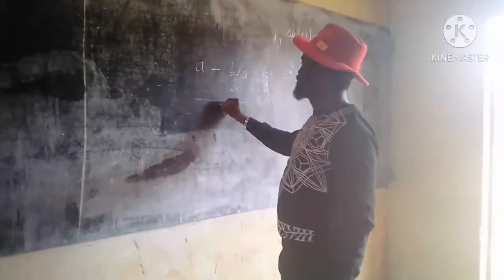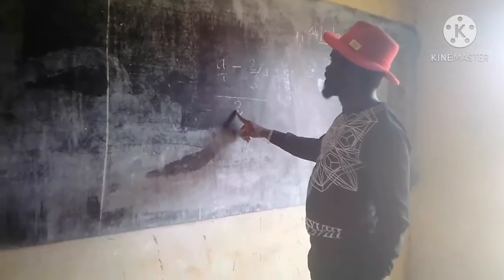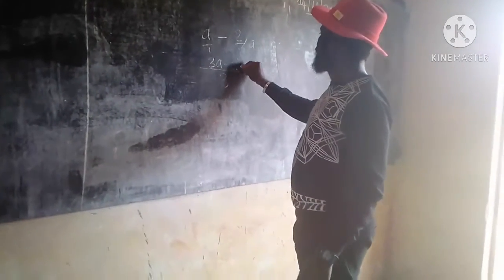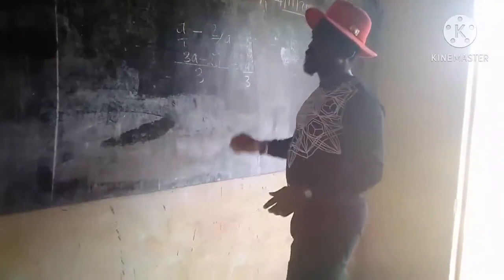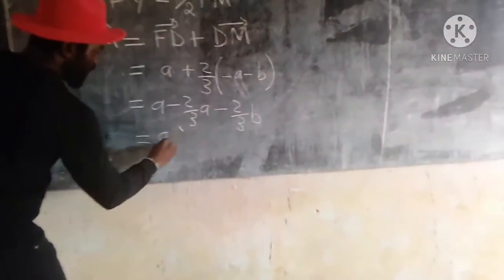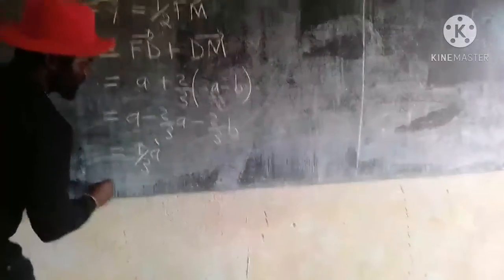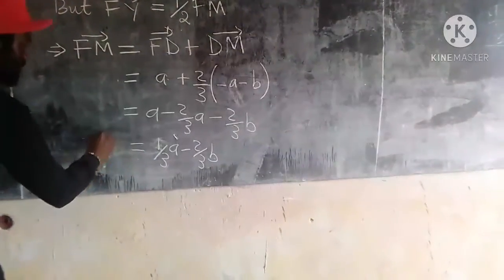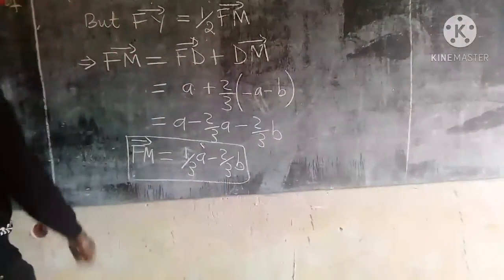Look for the LCM, which is 3. So 3 divided by 1 gives us 3. 3 times 3A minus 2A is equal to A over 3. So this is equal to 1/3 A as a fraction minus 2 over 3B. This is Fm. Put it in brackets so that you can easily remember that.